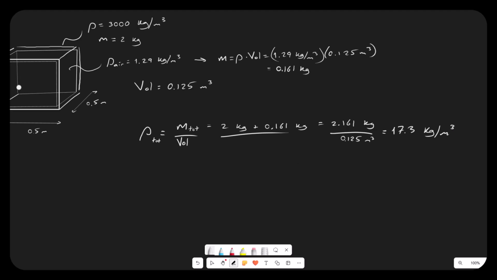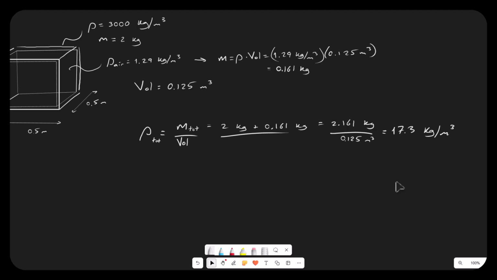We have a shell made of metal, and our metal has a pretty high density, but because we only made a shell and then filled it with something lighter than metal, we ended up with a density of 17.3 kilograms per cubic meter, well below 1,000 kilograms per cubic meter. This metal box would float in water.